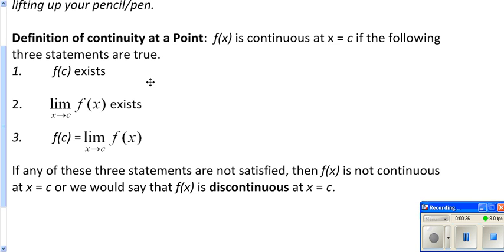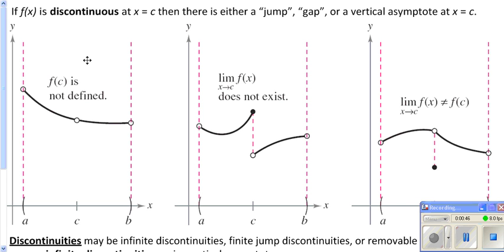If it fails any one of these three parts of the definition of continuity, then we would consider it to be discontinuous at x equals c. Now, there are different types of discontinuities. The one on the left and the one on the right are basically holes in your graph.